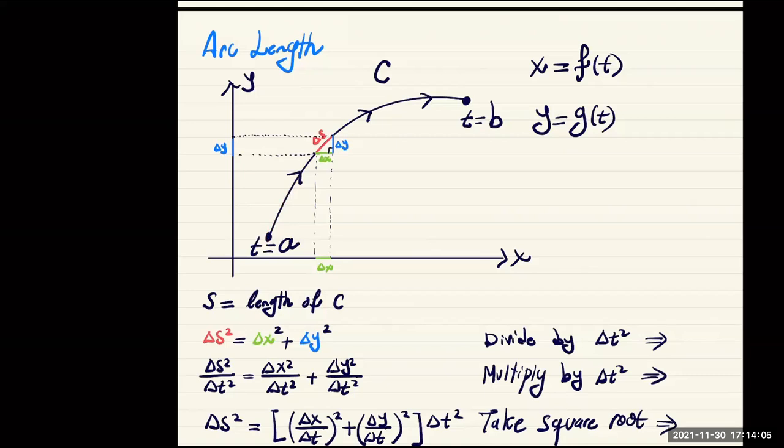Add up all the delta s's. You do a summation. If you want to get the exact arc length, you take the number of these delta s's to infinity. The more delta s's you have, the better. If you have a sum, or a Riemann sum, when you take the number of partitions to infinity, you get the integral.